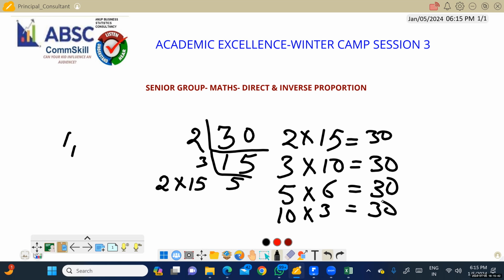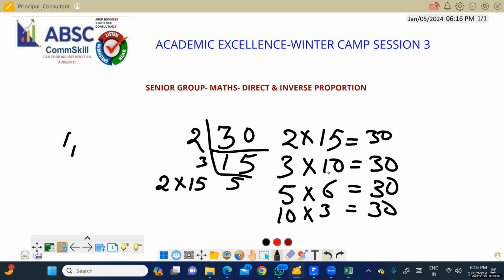Now, we will stop over here because it has started repeating, right? 3 into 10 and 10 into 3 are the same thing, correct? Because you can see this number repeating.